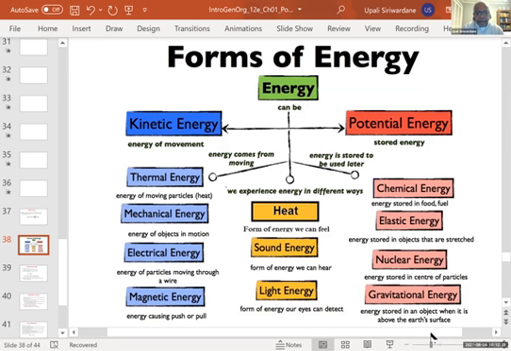Magnetic energy is also produced by rotation in generators and motors, where electrical energy is converted to magnetic energy, and then the push or pull in the magnetic field drives the motor. Those are forms of kinetic energy.